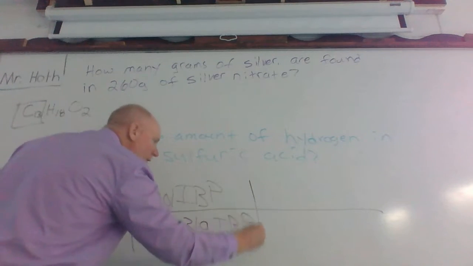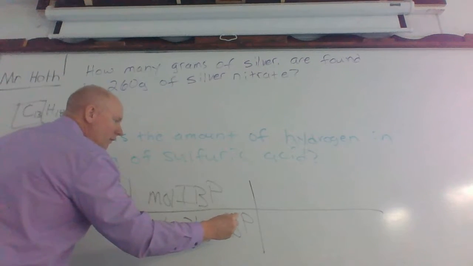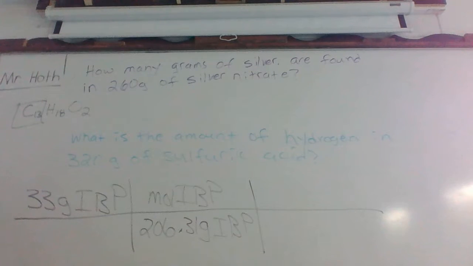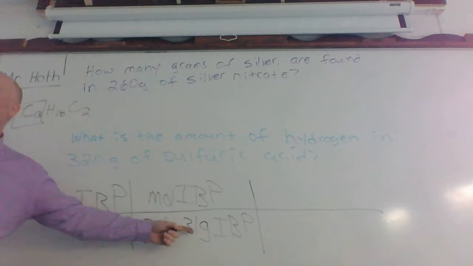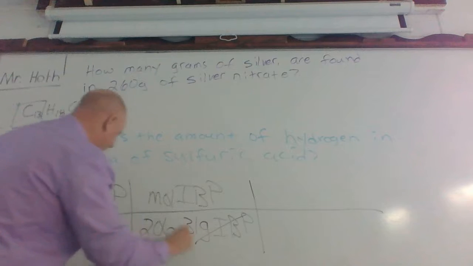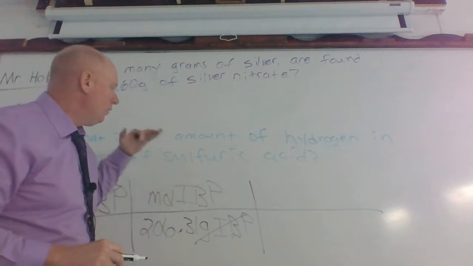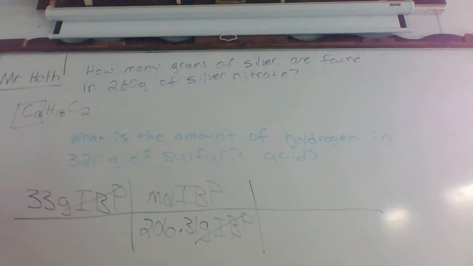So what happens to these grams here? Yes, you're dividing, but we're not done with this problem yet. What happens to this factor label? Yes, they cancel each other out. Now we're only in moles of ibuprofen, but what is it that we're looking for? The amount of carbon.